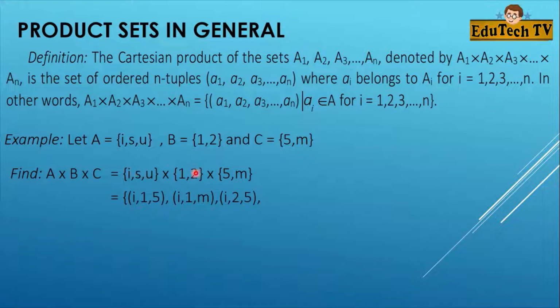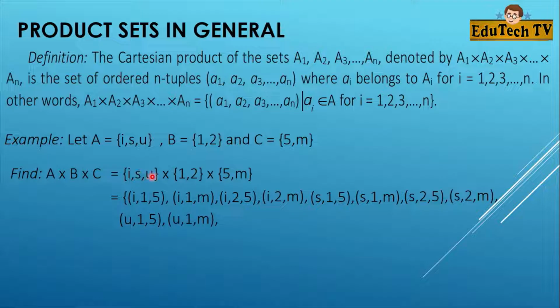Then we have I 2 M. Next, going to proceed to S. We'll have S 1 5, then S 1 M. After that, we're going to proceed with S 2 5, S 2 M. Same also with U 1 5, U 1 M, U 2 5.